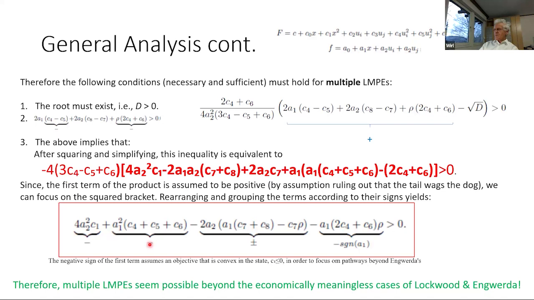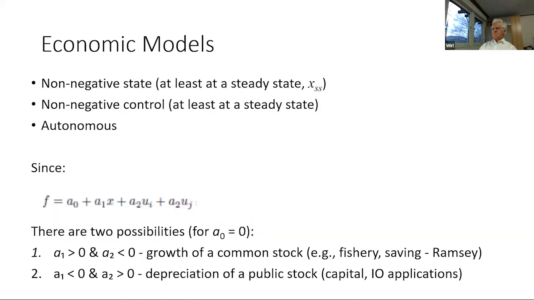So you see this term could help to turn this inequality positive, and similarly the last term. So just looking at this, it seems that multiple linear Markov equilibria are possible beyond the economically meaningless cases of Lockwood and Vienna. Okay? So let us explore this a little further.